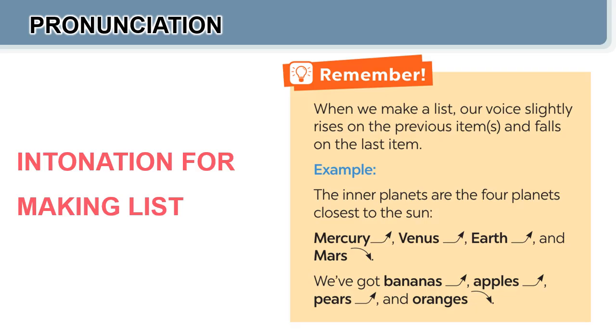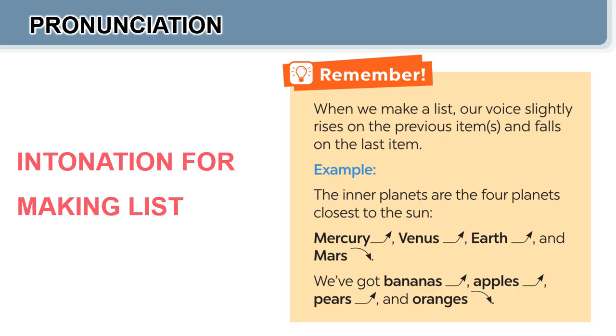You can see that after Mercury, Venus, Earth, I'm raising my tone. But after Mars, I'm falling my tone. So remember the rule. The voice slightly rises on the previous items and falls on the last one.